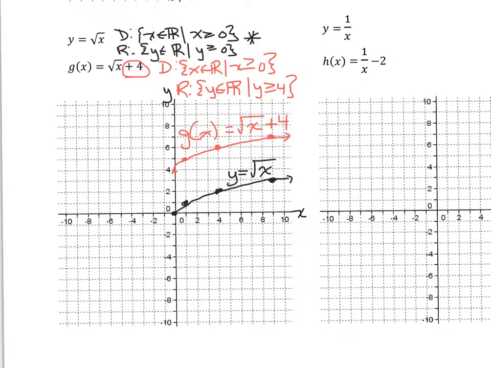Notice that nothing happens to my domain because my x values are remaining the same. This figure here maps the y values. So instead of y having to be greater than or equal to 0, my range now has to be y's in the real family such that y is greater than or equal to 4 because we mapped it up 4.